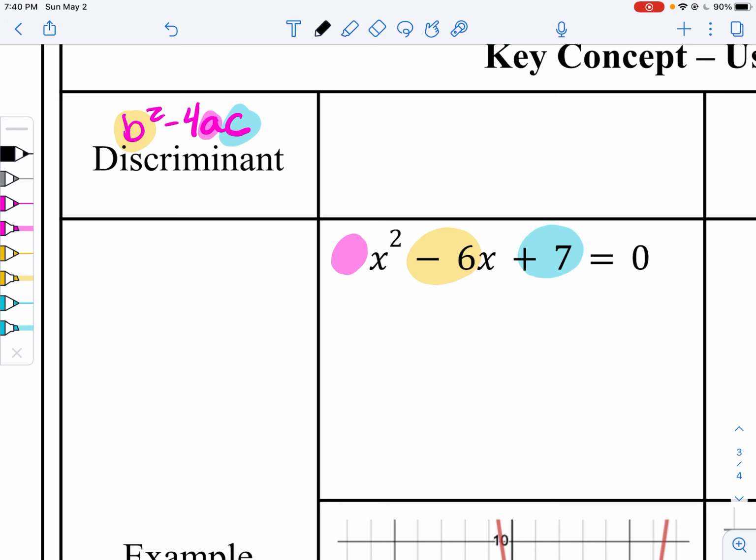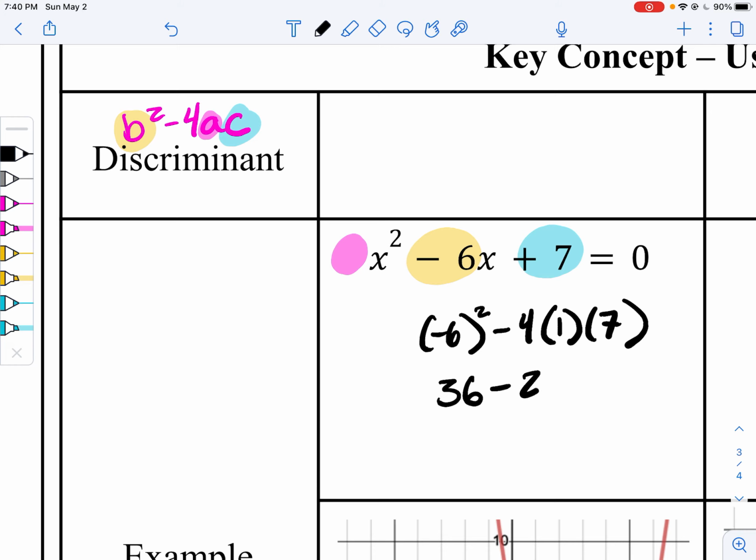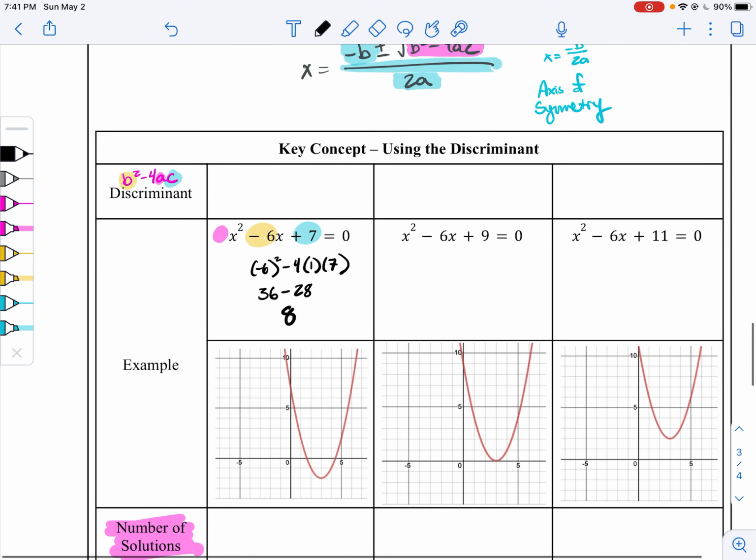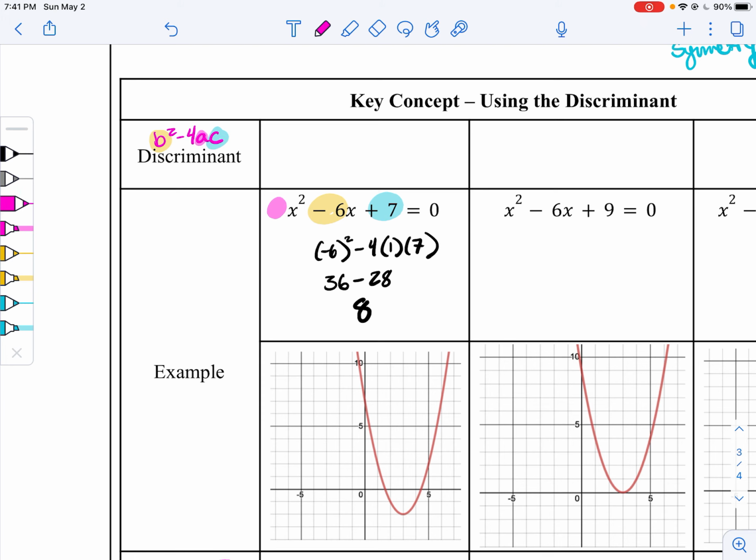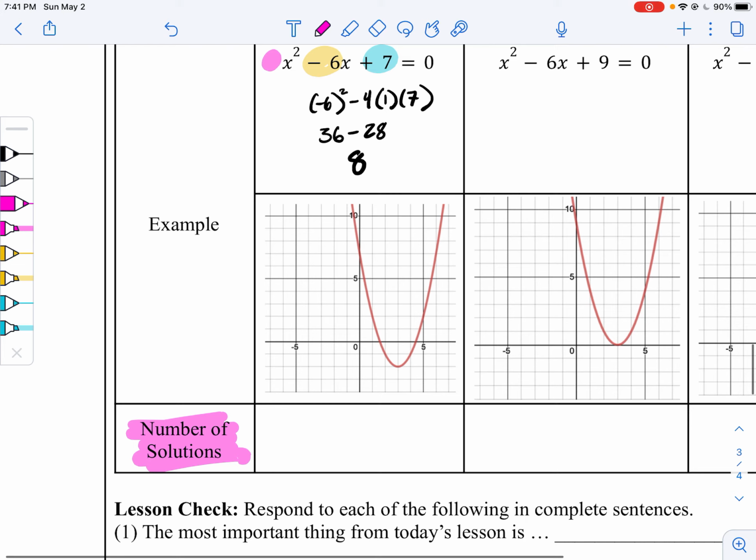So our discriminant of b squared minus 4ac is negative 6 squared minus 4 times 1 times 7. That's 36 minus 28 is 8. Now, since our discriminant is a positive number, we have 2 solutions.